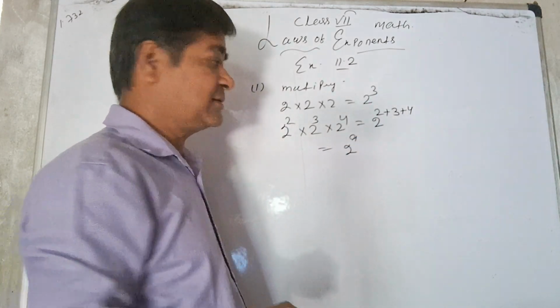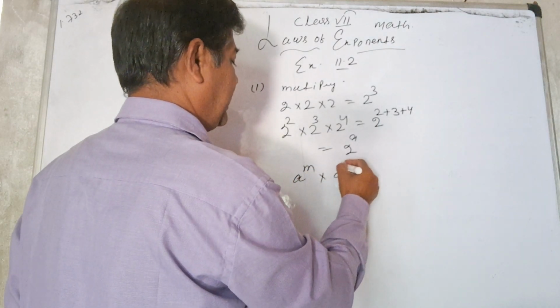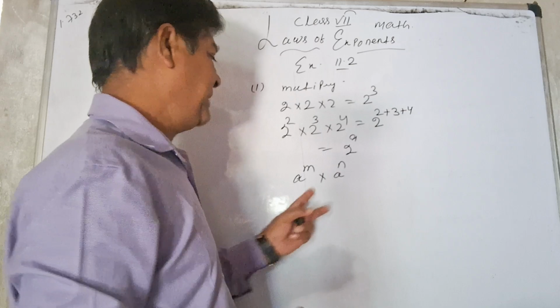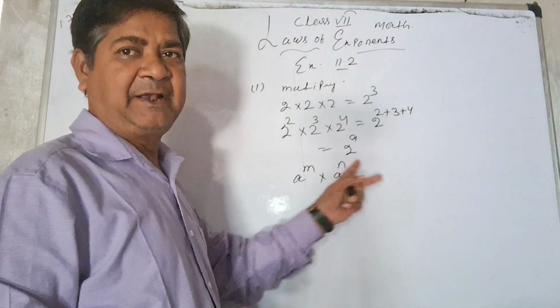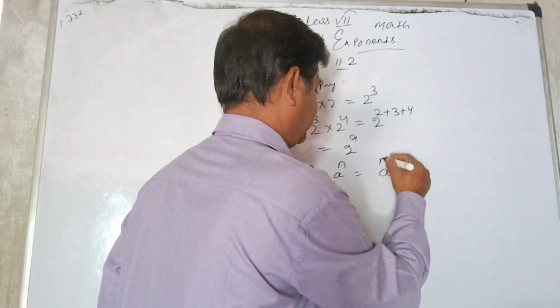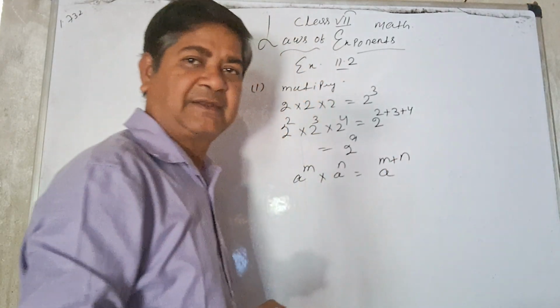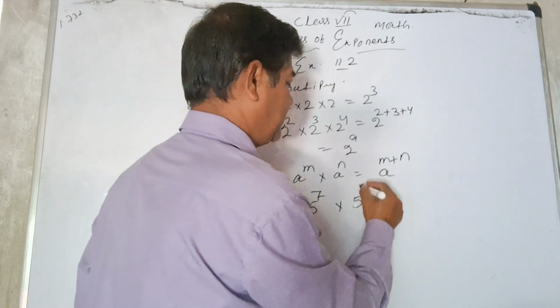That means we conclude that if a to the power m into a to the power n, the base a remains the same and the powers m and n differ, then we will add the powers; m plus n is your answer. For example, 5 to the power 7 into 5 to the power 2.